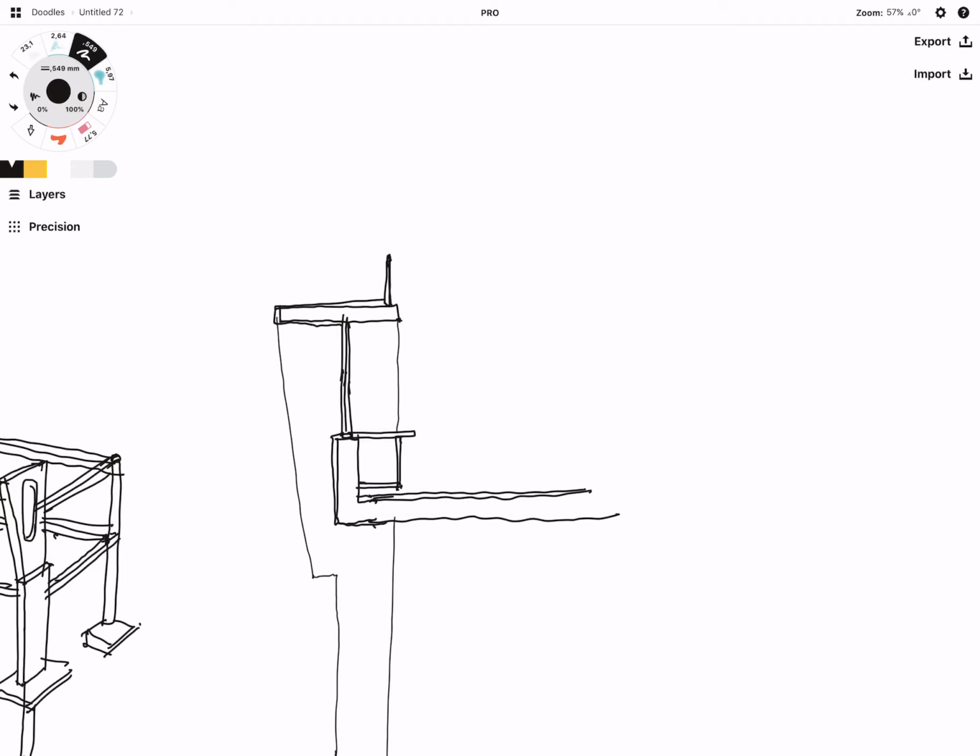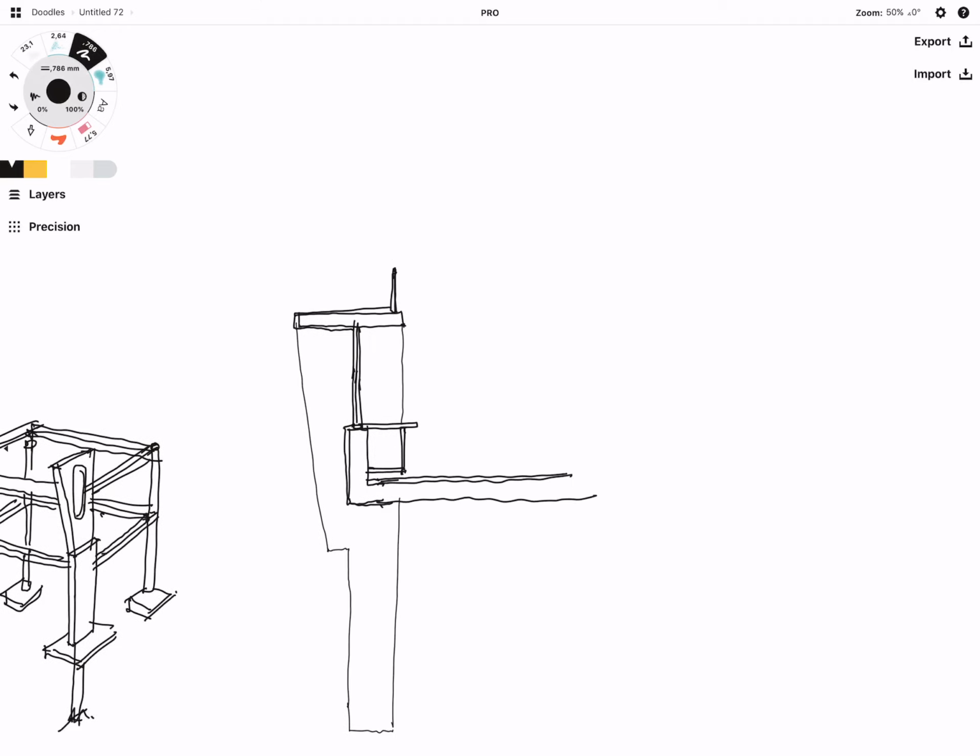And my concrete has to be a bit thicker.